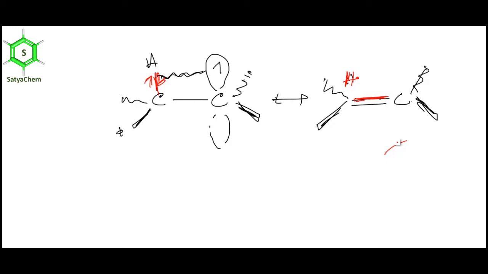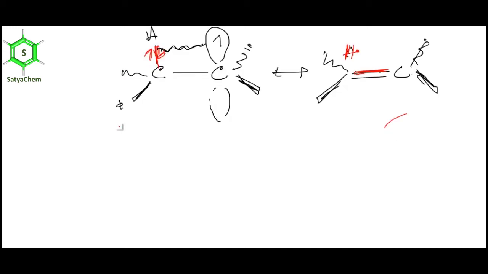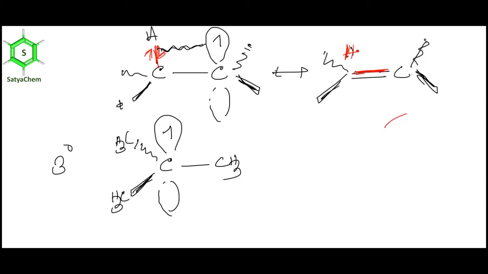In a similar way, in a 3-degree free radical, how many hyperconjugative hydrogens are present? Answer is 9. Let's see. So 3, 6, 9. Clear? So 9 hyperconjugative hydrogens.